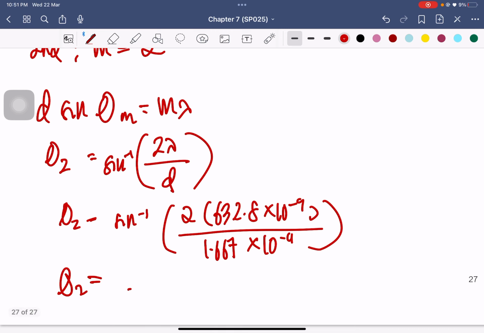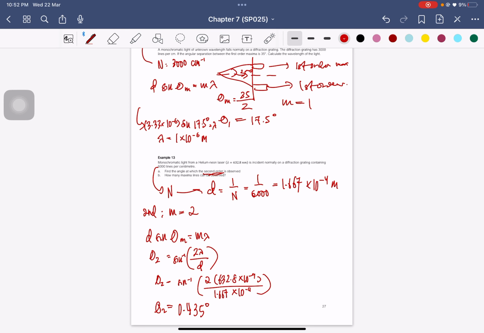So the angle is 0.43. Wait. Shift sine for 0.43, 0.435 degrees. But shouldn't it be a greater value?